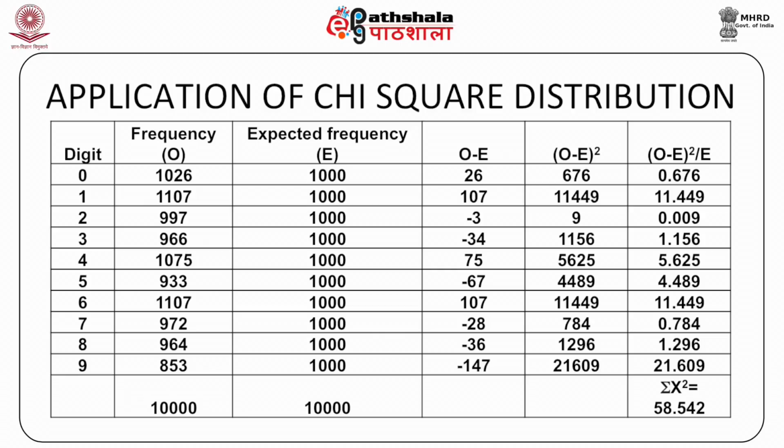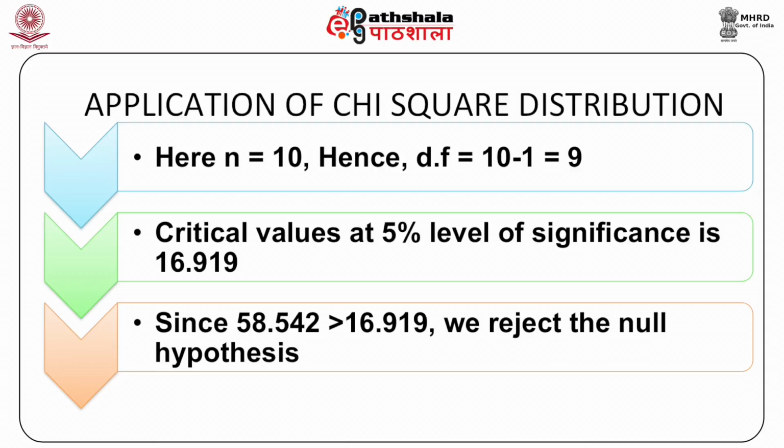The summation of the last column turns out to be sigma chi squared, which is equal to 58.542. Here n is equal to 10, hence degrees of freedom are 10 minus 1, which is 9. The critical value of the chi-square at 5% level of significance for 9 degrees of freedom is 16.919.